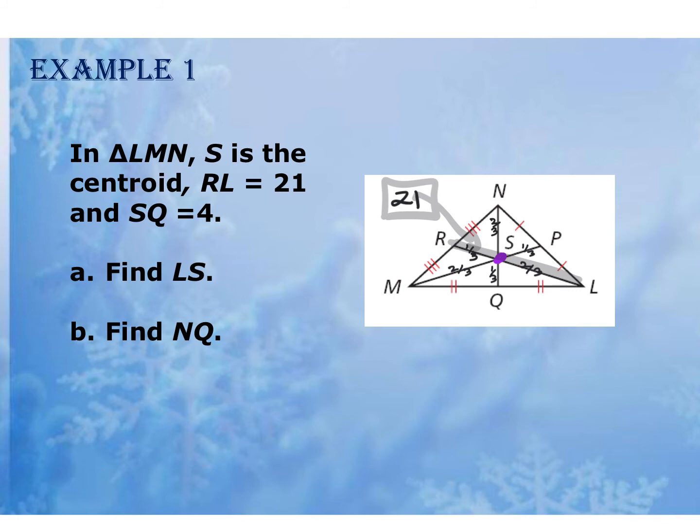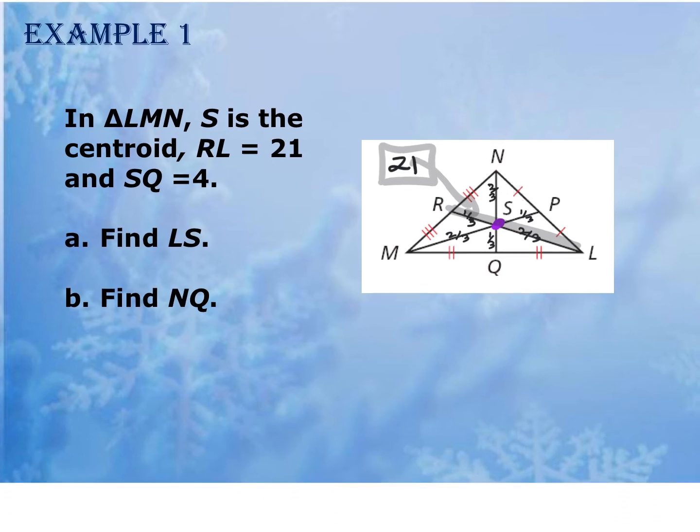So LS is going to be 2/3 the length of that whole thing. So to answer part A, the equation I'm going to set up is that LS is equal to 2/3 the length of RL.